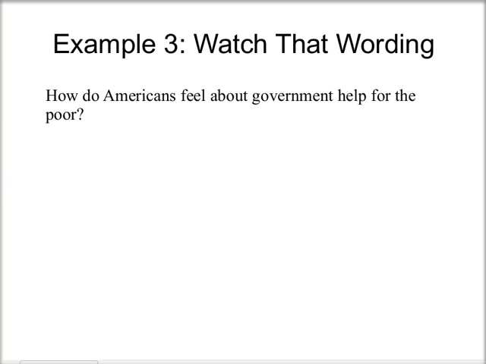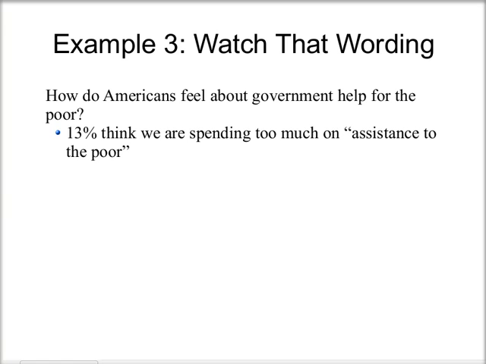So let's look at some examples of that in the real world. One question that a survey looked at is, how do Americans feel about government help for the poor? And two different surveys looked at this issue using different wording. For the first survey, they asked if people think we are spending too much on assistance to the poor. And 13% of people responded that they thought we were spending too much on assistance to the poor.